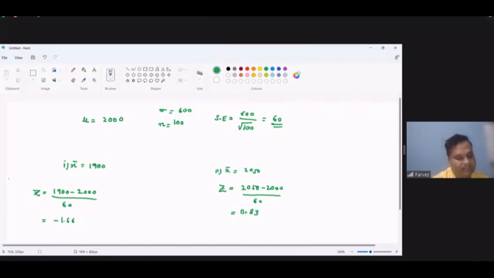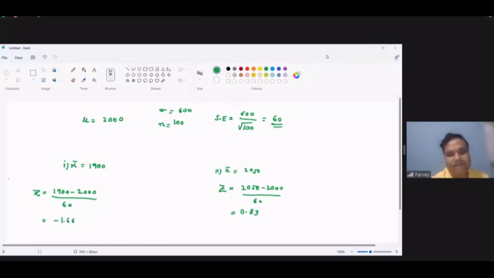Let them give a one-page question, it doesn't matter, I will search for this word only. And for X bar, in the whole question, whatever value they ask to find the probability for, that is your X bar.